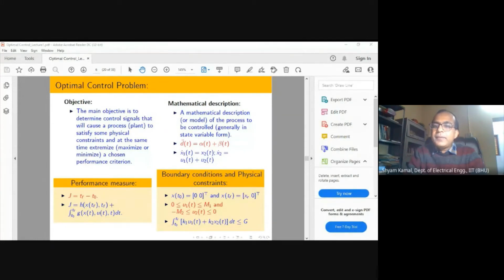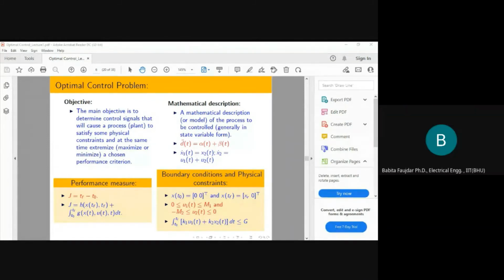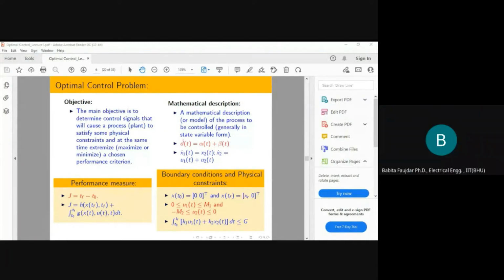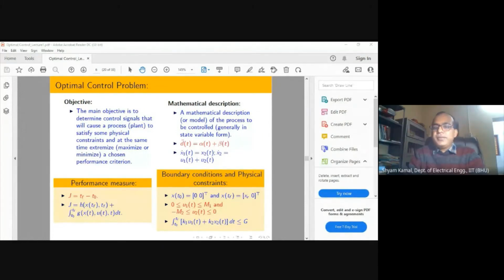Here, Babita, could you please tell me whether u(t) is a function or a functional? Sir, u(t) is a function. Yeah, and is G a function or a functional? G is the functional. Yes, G is the functional.